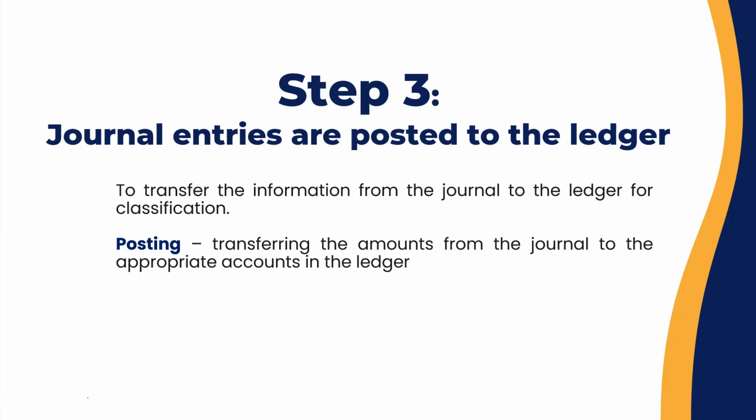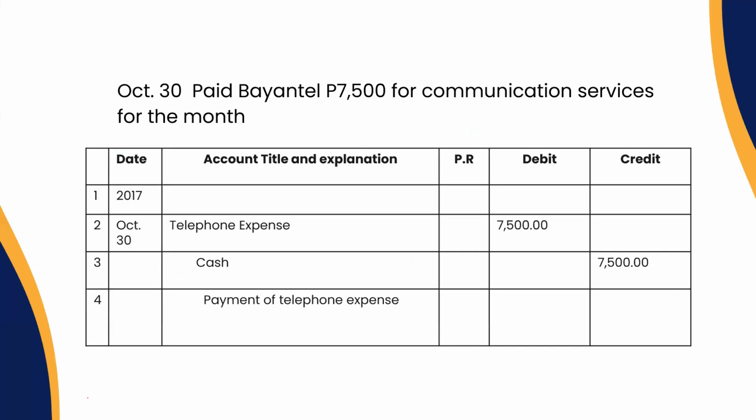What do you mean by that? Ang posting, ibig sabihin nun, ipopost mo siya or ito-transfer mo, ibig sabihin nun, you have to transfer the amounts from the journal to the ledger. Yung journal natin in general, nandyan lahat ng transactions, mapa-cash, accounts receivable, payables, expenses, revenues, etc. Nandyan lahat. When we say you have to post it to the ledger, isa-summarize mo siya.